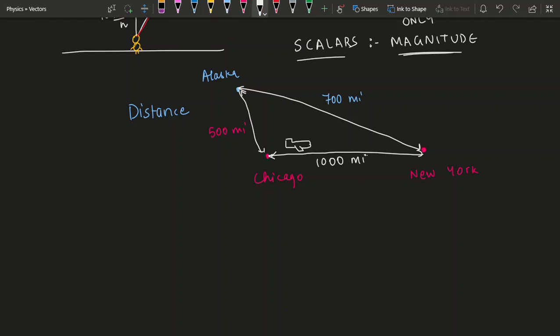And you could have really extended this. Let's say after going to Alaska, you want to go to Hawaii, and after Hawaii you go to any other random city in the world. Let's say you went to London, and then from London you went to New Delhi. From New Delhi you went to Beijing, and so on and so forth.